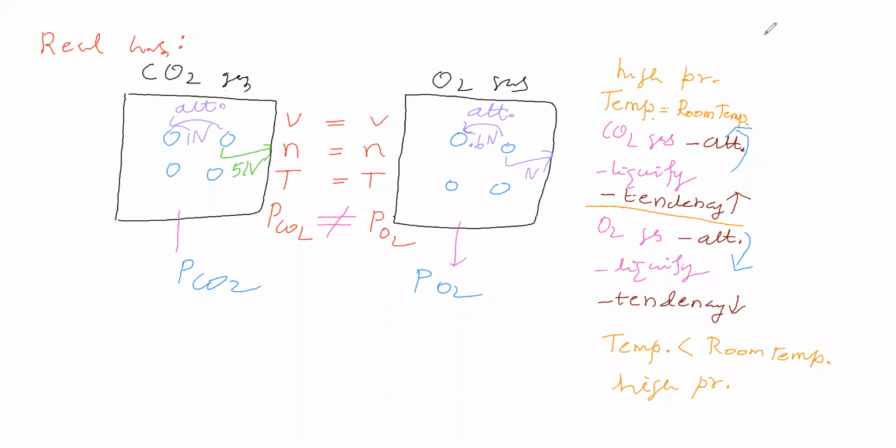Between carbon dioxide molecules attraction magnitude is high. Between oxygen molecules attraction magnitude is less. One student says greater than 5 Newton. Suppose we take 6 Newton. So greater than 5 Newton.